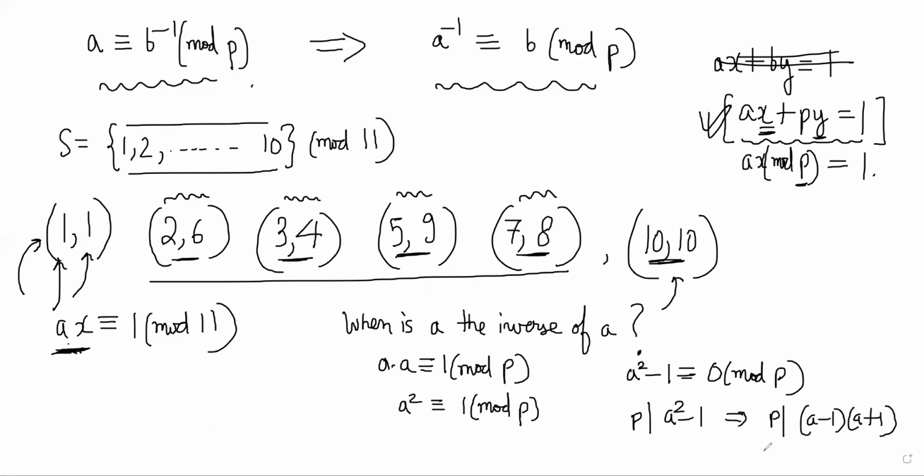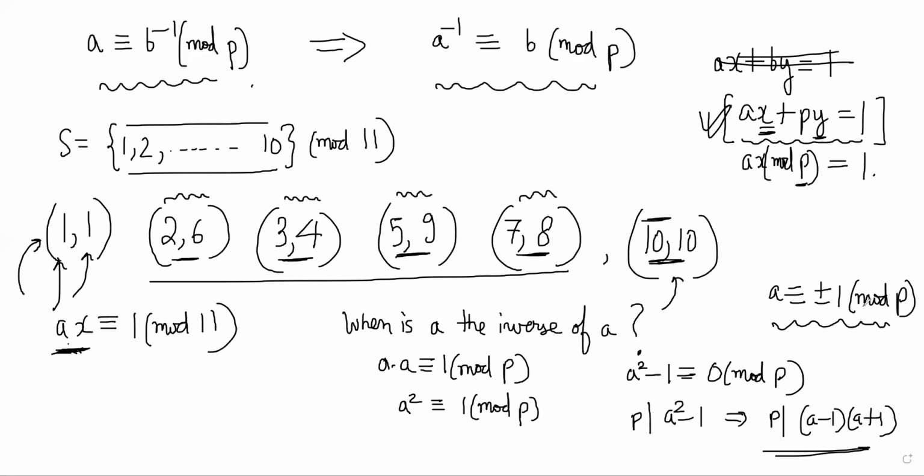Which means A should be plus minus 1 mod P. Correct. So notice that 1 is 1 mod 11 and 10 is minus 1 mod 11.